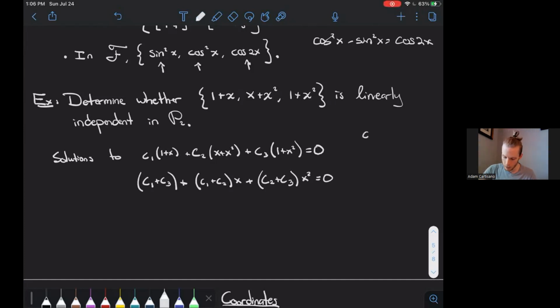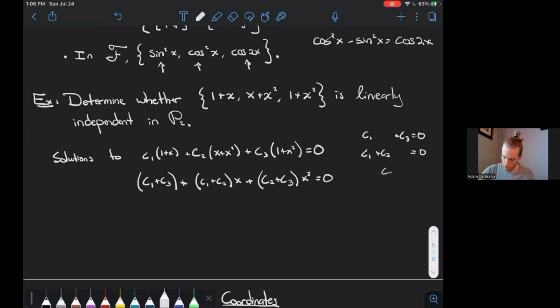I need C1 plus C3 to be equal to 0. Let me make this a little bit more obvious. I need C1 plus C2 to be equal to 0.